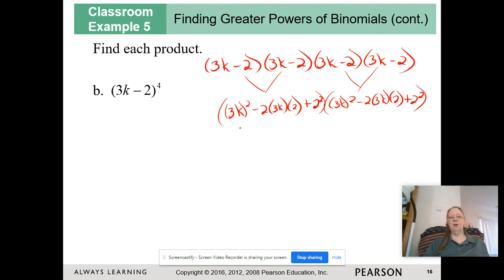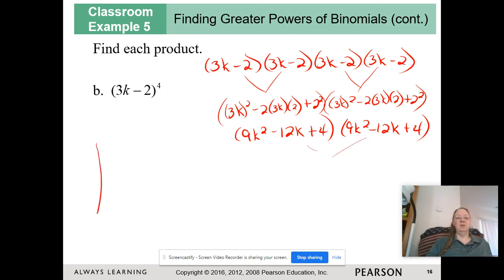All right, so where are we at? We have 9k squared. Let's see, 6 times 2 gives me 12k plus 4. Not done yet because we have to multiply these together.